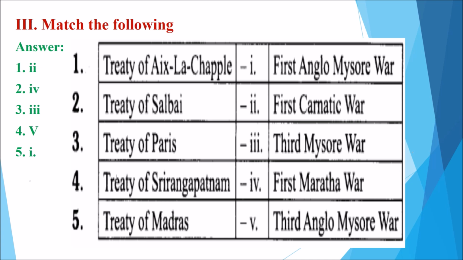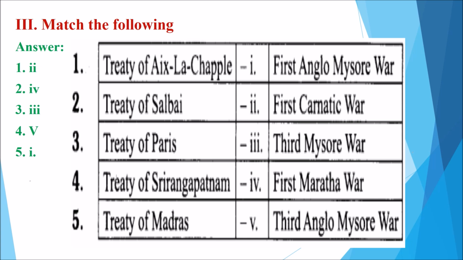Question number 5. When did Hyder Ali crown on the throne of Mysore? Option A. 1756. Option B. 1761. Option C. 1763. Option D. 1764. So the correct answer is option B.